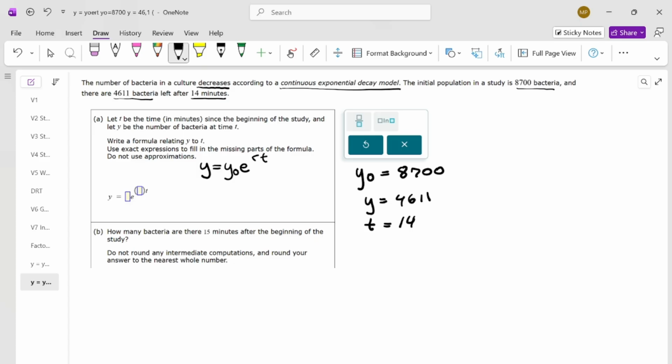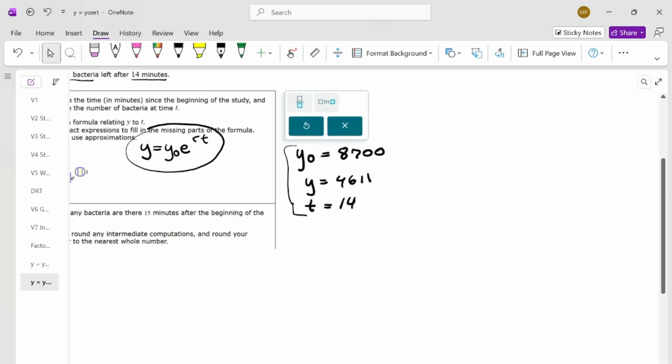Okay, so using this model, we're going to plug our known values in, and we will get 4,611 is equal to 8,700 times e, all raised to r, which is our rate, that is unknown, and 14, which is our t.